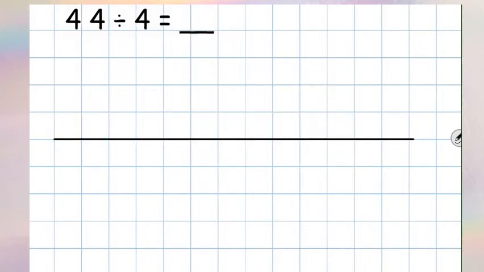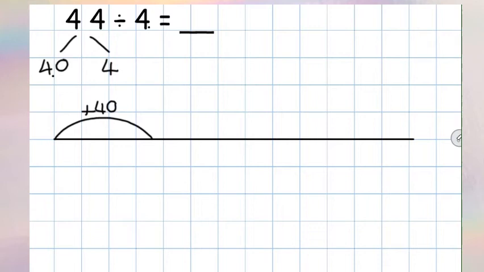On to the number line then. 44 divided by 4. We try to get the children here to use partitioning. So they would partition the number 44 into its tens and its ones, and then they would work out how many lots of 4 are in 40, and it's of course 10. So we'd make one jump here of 40.